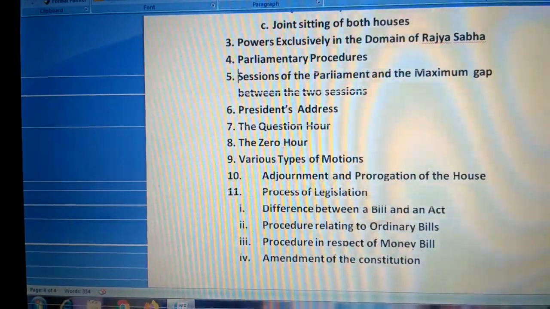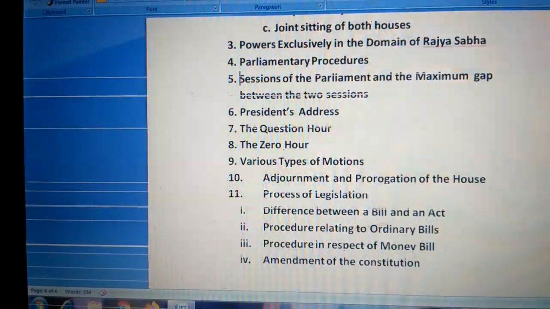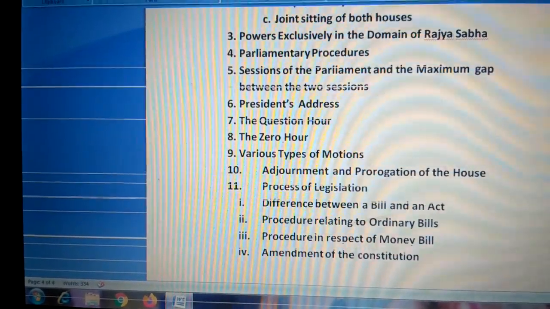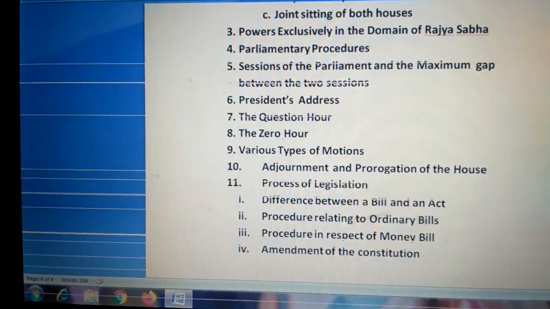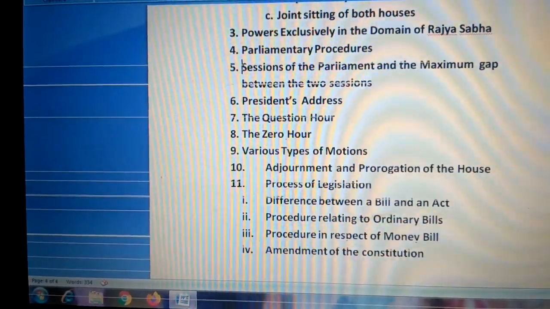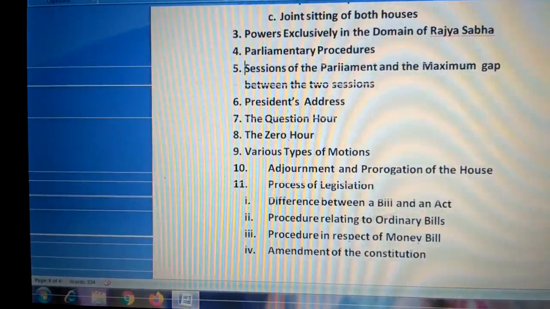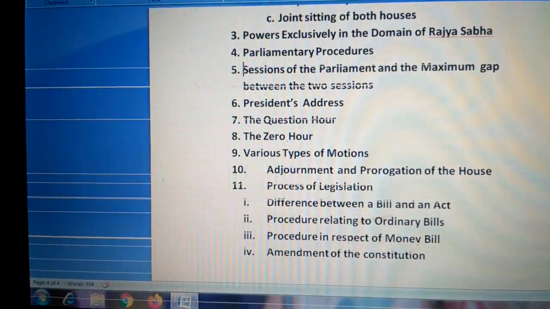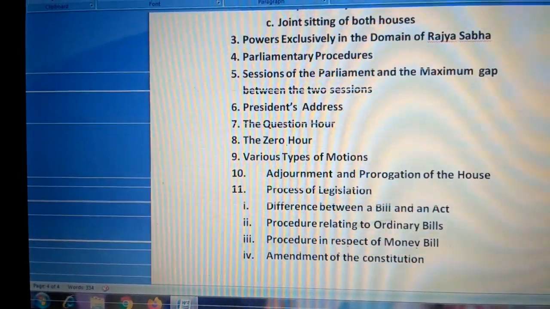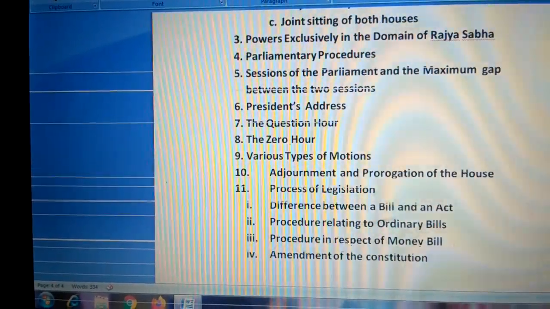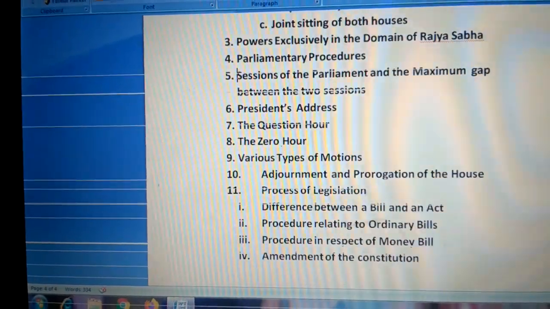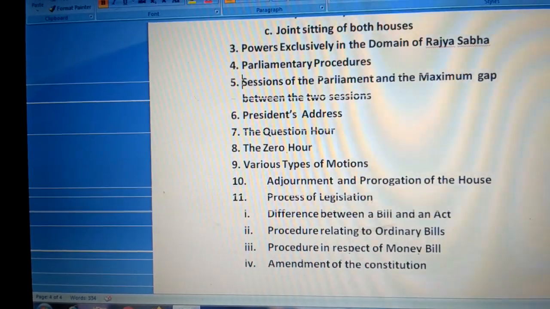The President addresses the joint sitting of the two houses at the commencement of the first session after each general election. The President shall also address both houses of the parliament at the commencement of the first session of each year. What is that? That is the budget session.